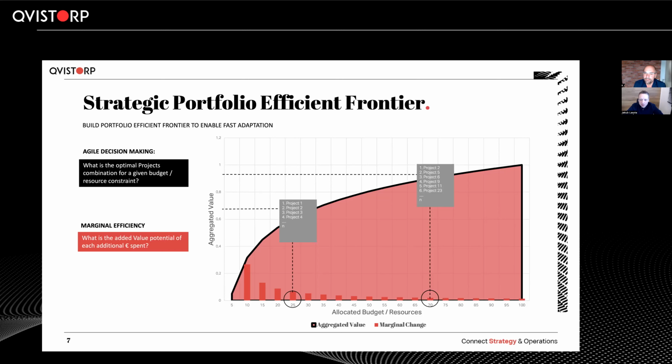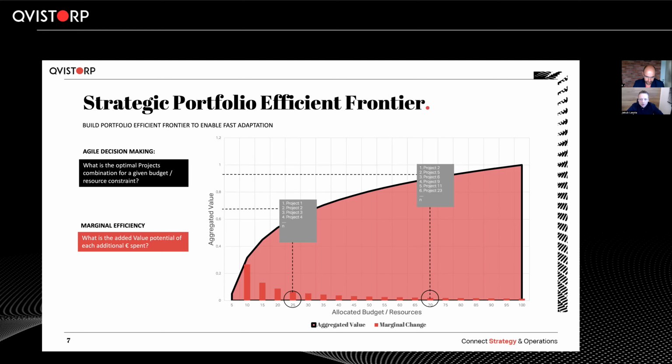So the curve you are seeing here is actually the curve of your optimal portfolios, an unlimited number of optimal portfolios, which are moving along the X, which represents resources, budget, or other constraints, and Y, which represents value. So by value, we may understand economic KPIs, strategic ratings, or a combination of those. And of course, the budget and resources are your constraints, because all companies have limited resources.